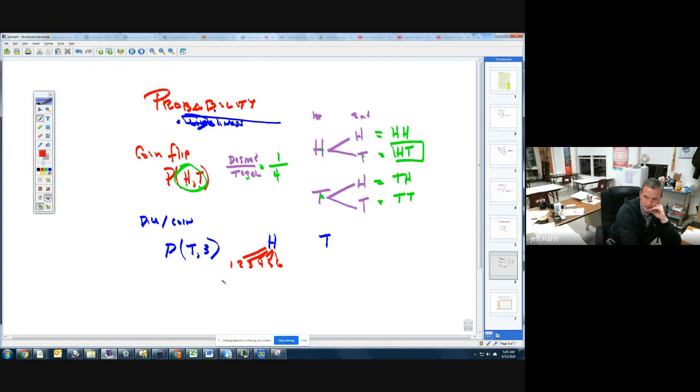And again, I could write that down as head and a 1, head and a 2, head and a 3, head and a 4, head and a 5, head and a 6. Same thing off the tails. You could get a tail 1, tail 2, tail 3, tail 4, tail 5, tail 6. It's your little branches of your tree.